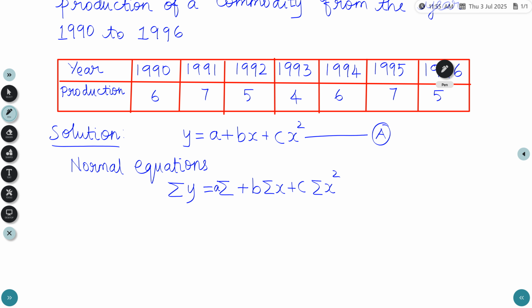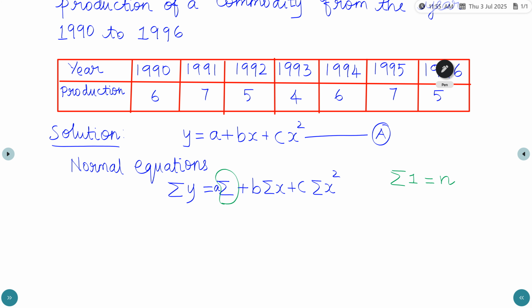Summation 1 has no value, the value is equal to n. The next step, summation y equal to n a plus b into summation x plus c into summation x squared. Consider this as first normal equation.